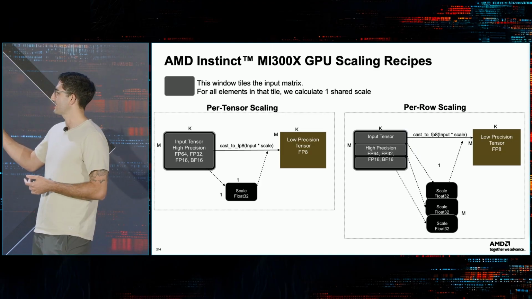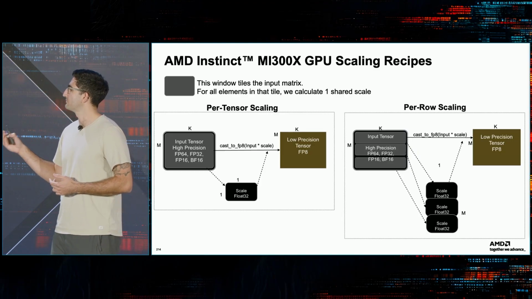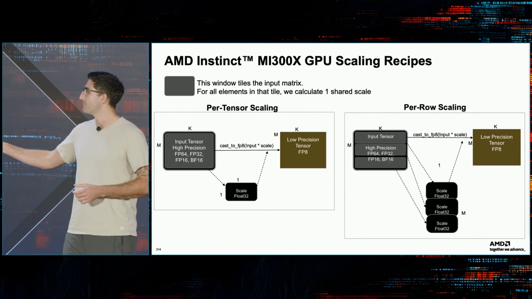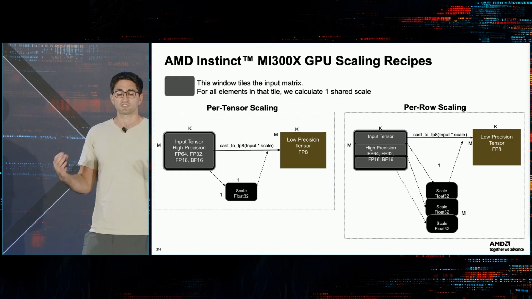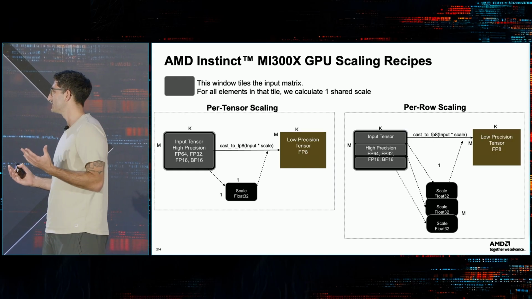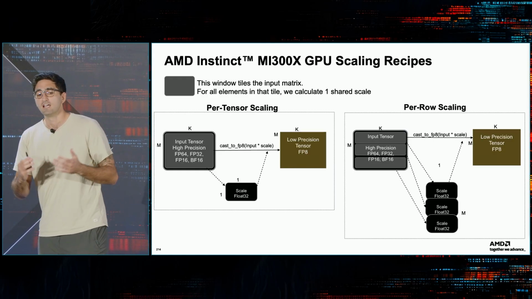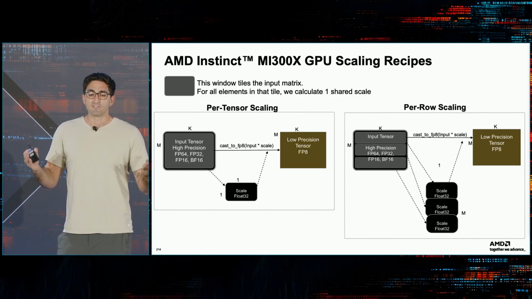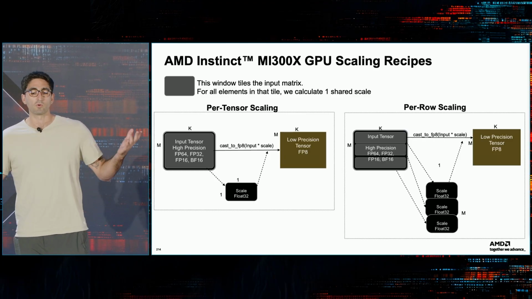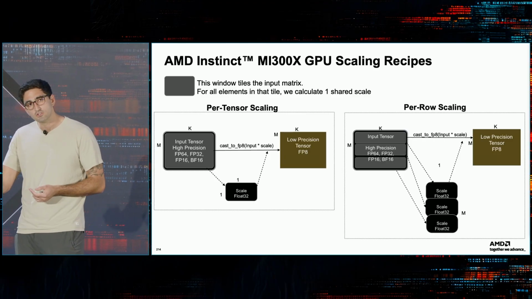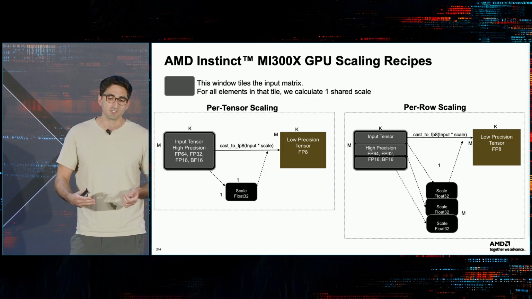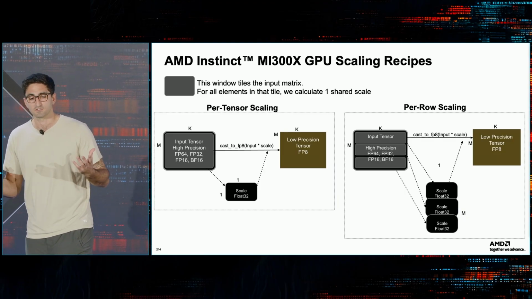Then we divide that FP8 max representable value by the amax we just calculated, and this gives us our scale. We multiply that scale by our input tensor, and this essentially maps every element in the tensor to cover the full range of this FPX type. Then you can do what you're used to, tensor.to FP8, and directly cast.